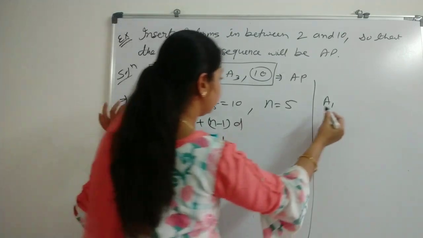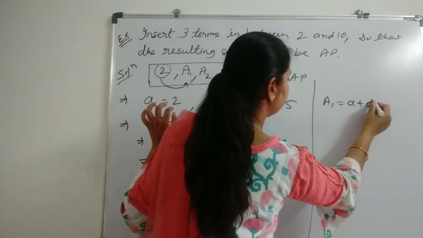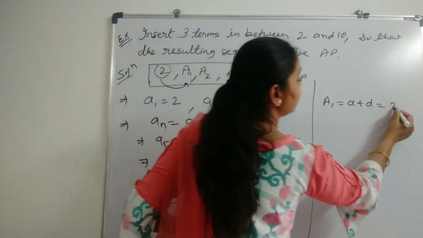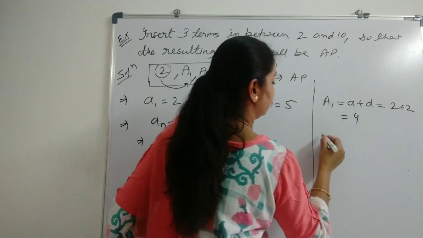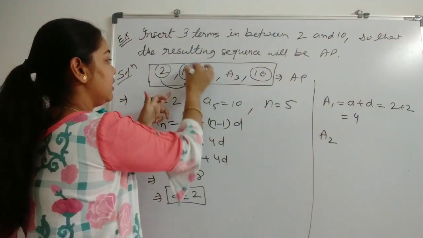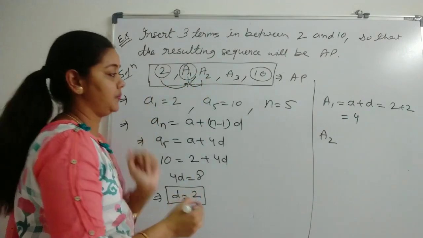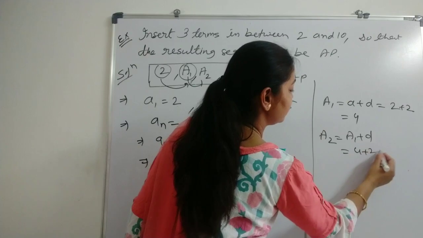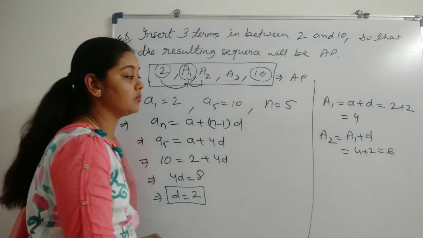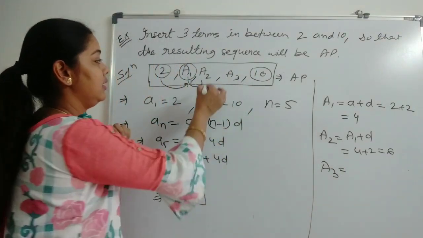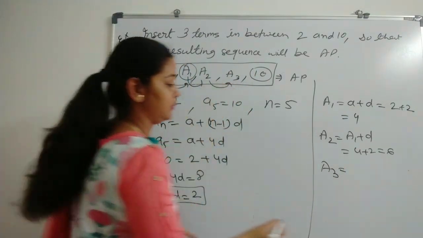So what will happen here? It means a plus d. a means 2, 2 plus 2, it means 4. a2 means a1 plus d, that is 4 plus 2, that is 6. What is a3? a3 will be a2 plus d.